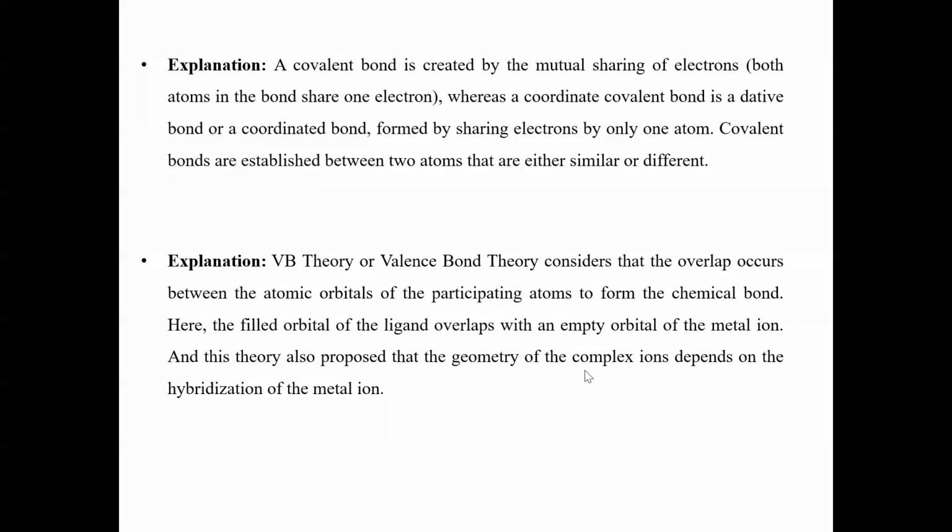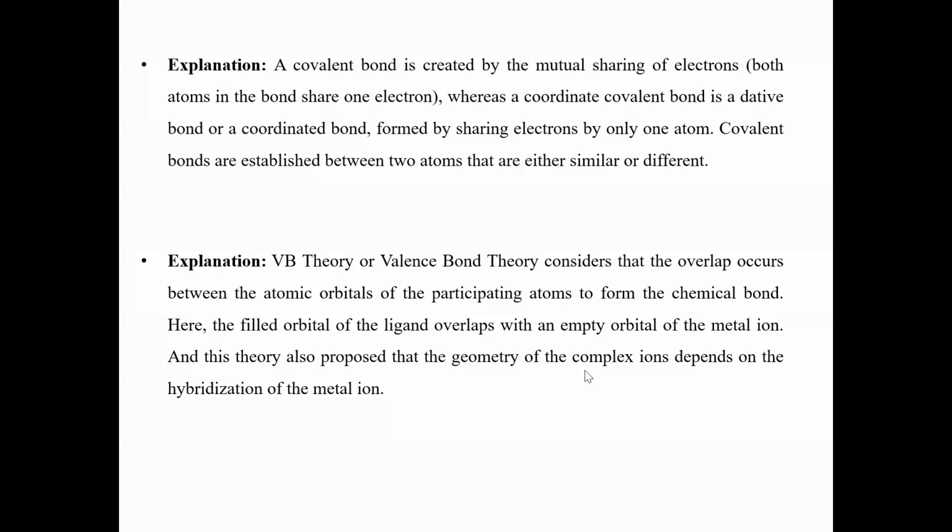Okay, so in coordination complexes, you just notice the coordinate covalent bond because the ligand can easily donate its electron pair to the central metal atom. And in a covalent bond, if there is a single bond, double bond or triple bond, there is a sharing of electrons from both the atoms, right?